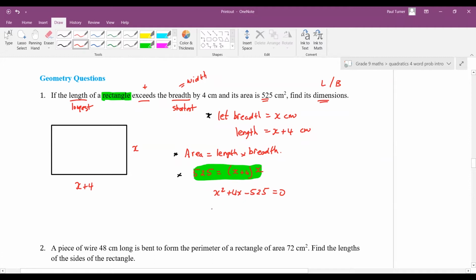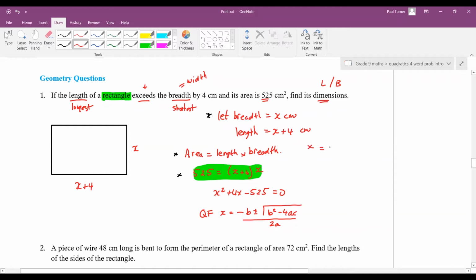So our quadratic formula, remember, is x equals minus b plus or minus the square root of b squared minus 4ac, all over 2a. So let's go up here.